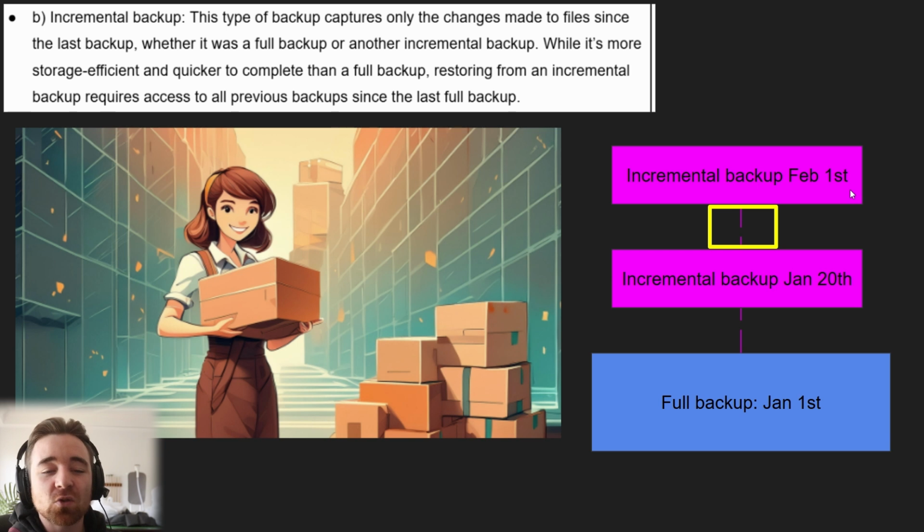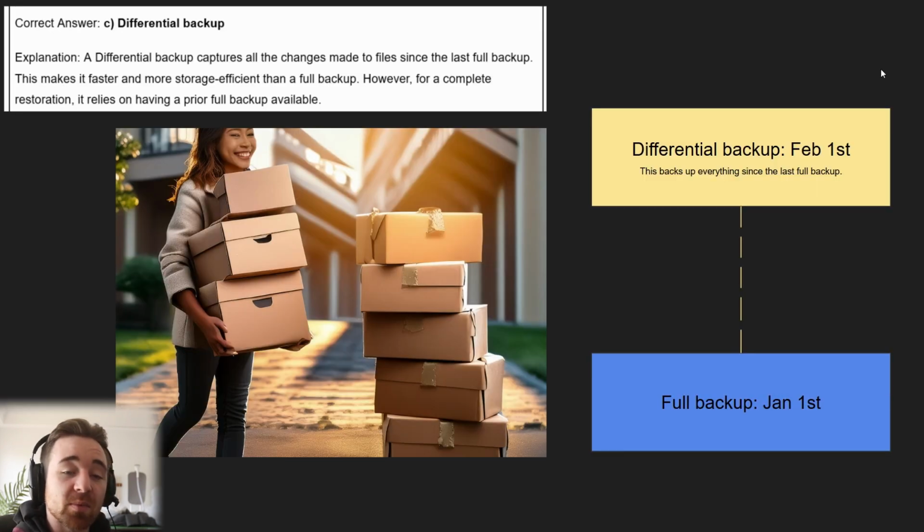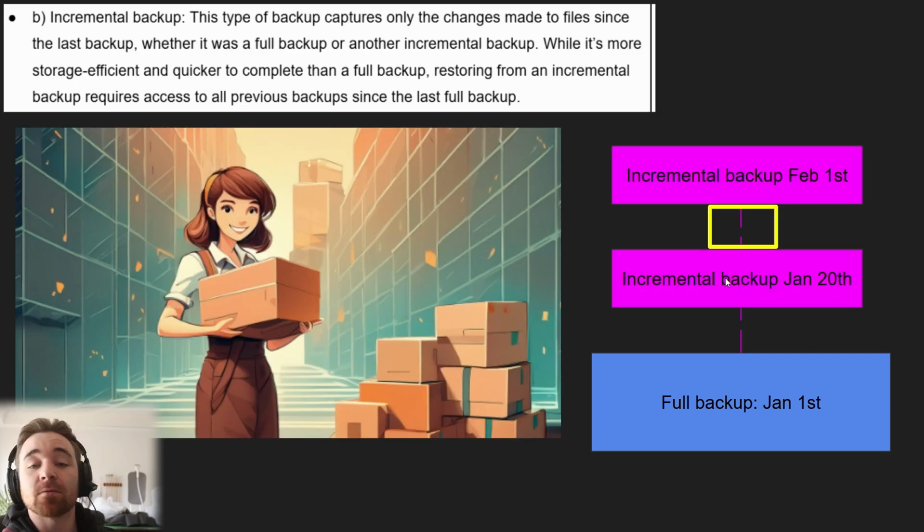It's not saving everything since the last full backup, it's only saving everything since the last incremental backup. So it's only this little portion here that it will be saving. And that's the key difference between differential and incremental. Differential was everything since the last full backup only, whereas incremental is everything since the last full backup or since the last incremental backup. That's the key distinction between those two.